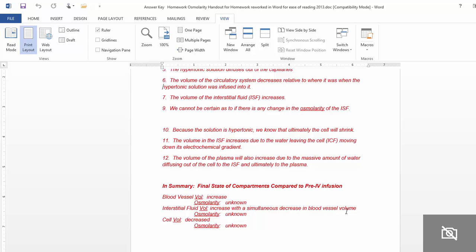Milliequivalence is essentially what it takes to combine a substance with 1 mole of hydrogen ion. That's the technical definition, but I look at it more from the charges perspective.